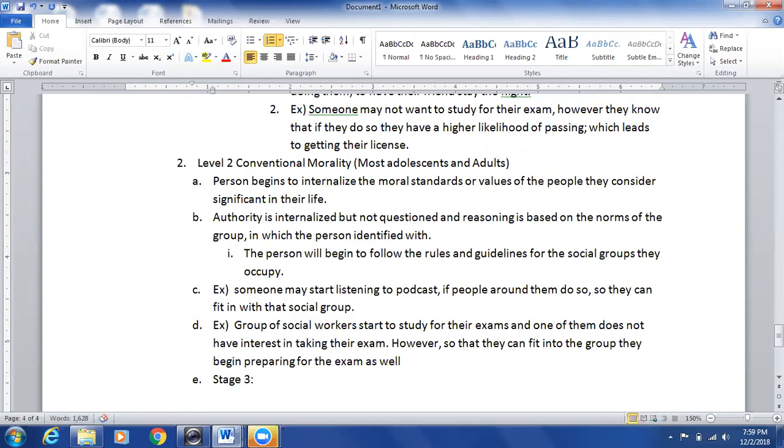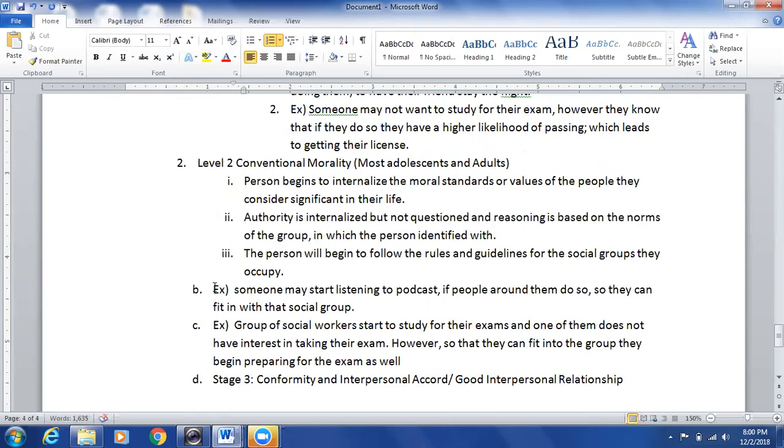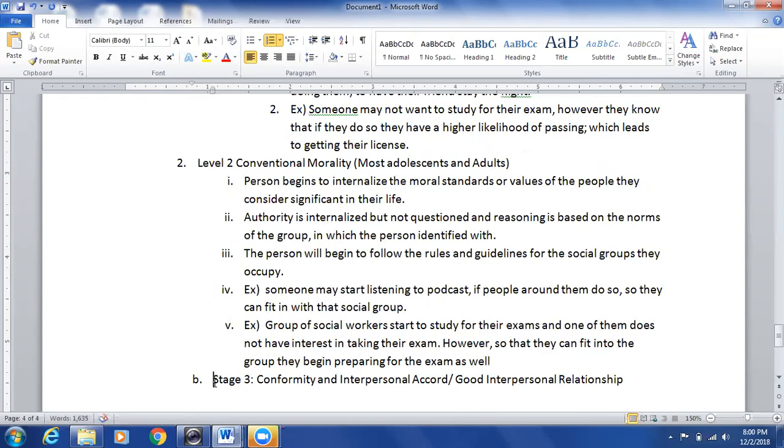So that was an introduction of the entire level. This is the specific stages within that level. So the first stage: conformity and interpersonal accord, or good interpersonal relationships. Oops. I'm just going to toggle all of this in so it's not confusing.